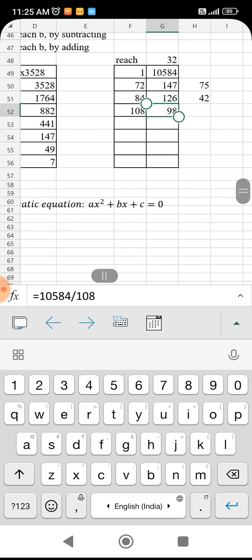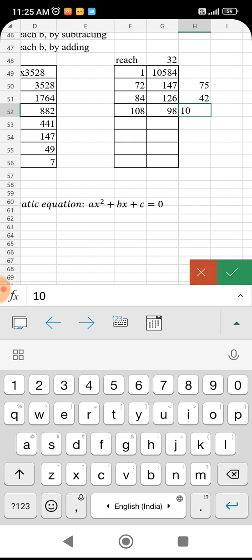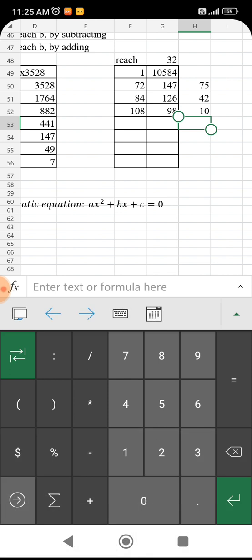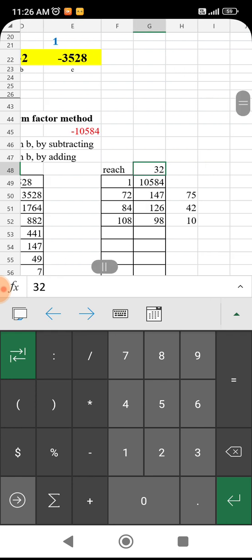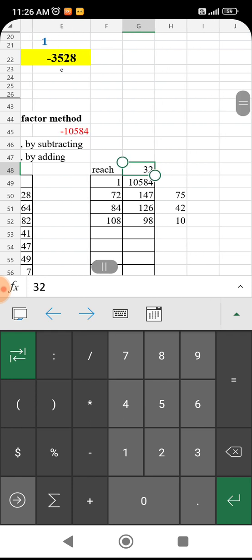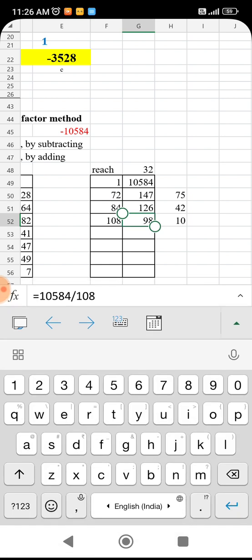What will we get? We get 10. So that means we can never reach 32 for these values using the middle term method, because we cannot find any middle values between 84 and 98.